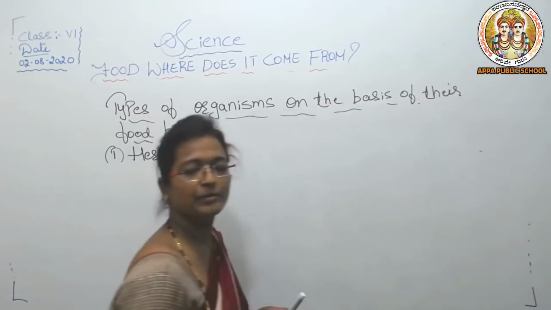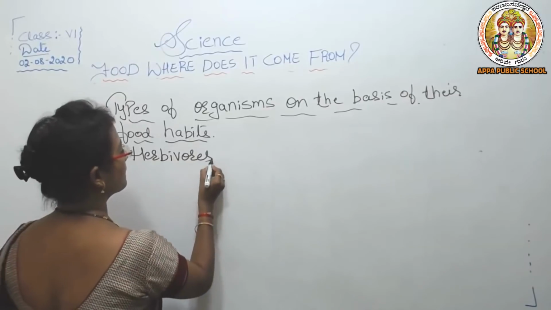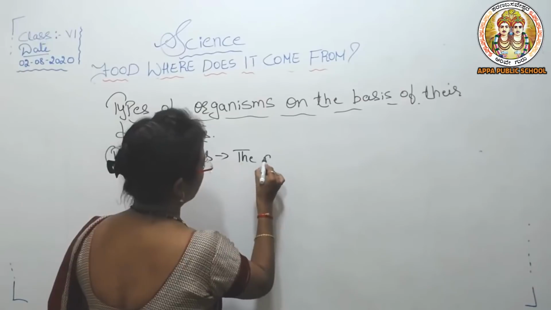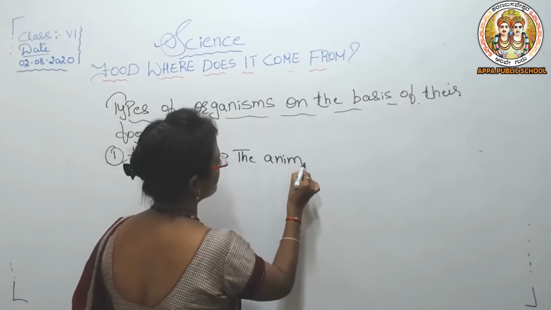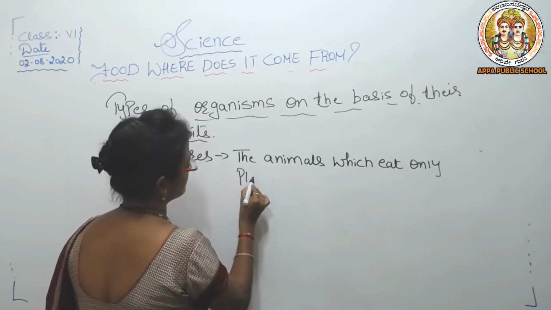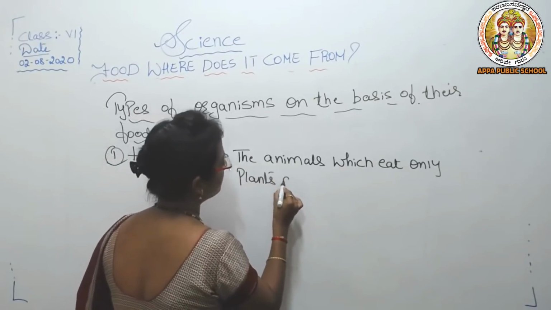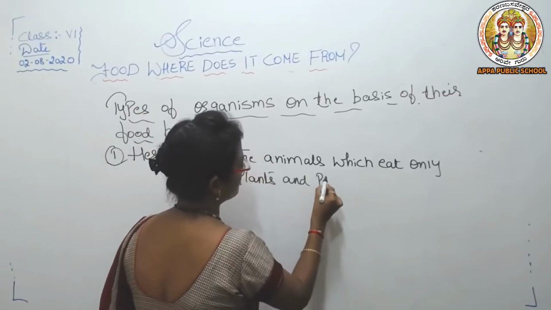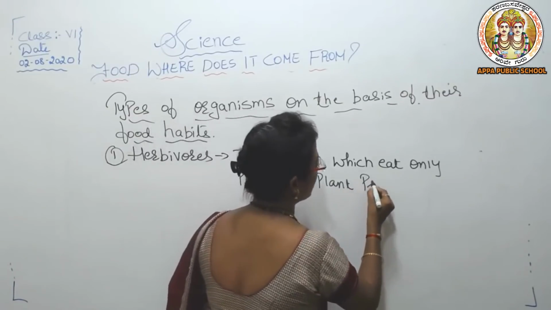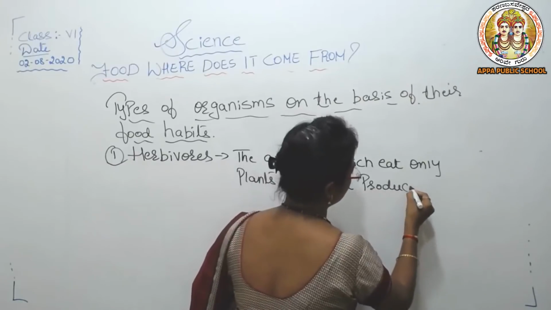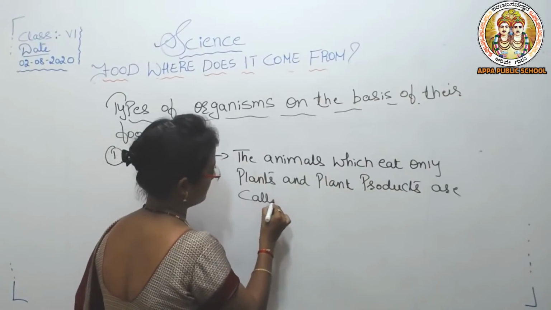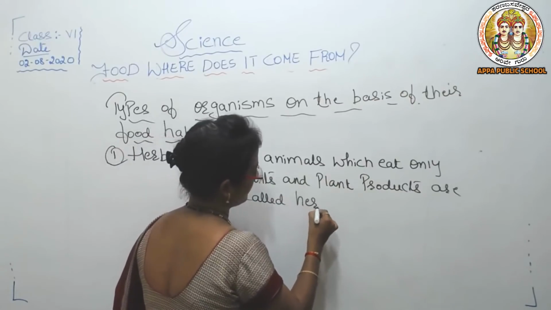What do you mean by herbivorous animals? The animals which eat only plants and plant products are called herbivorous.